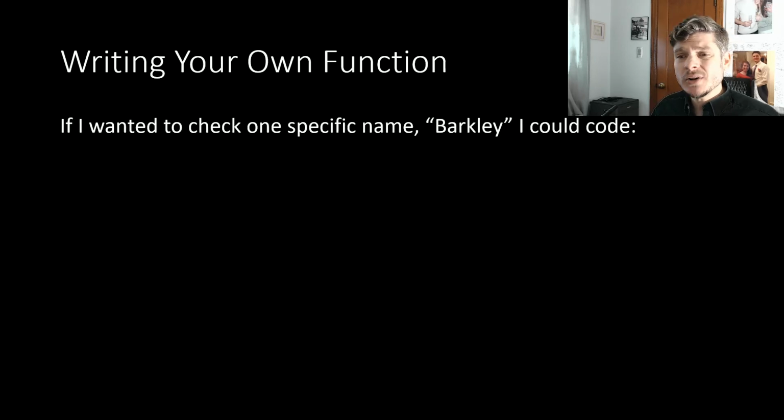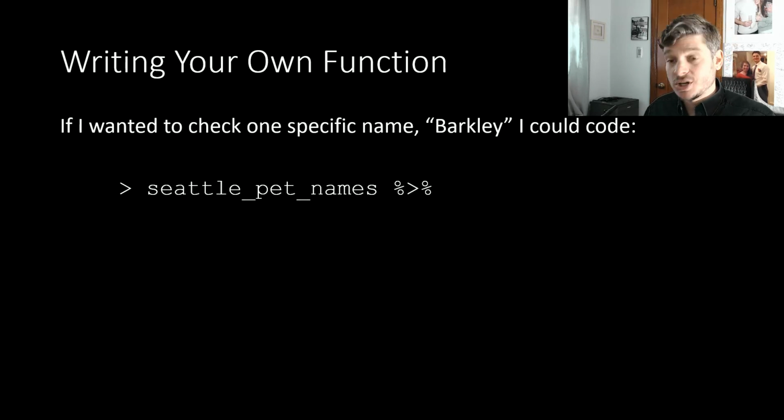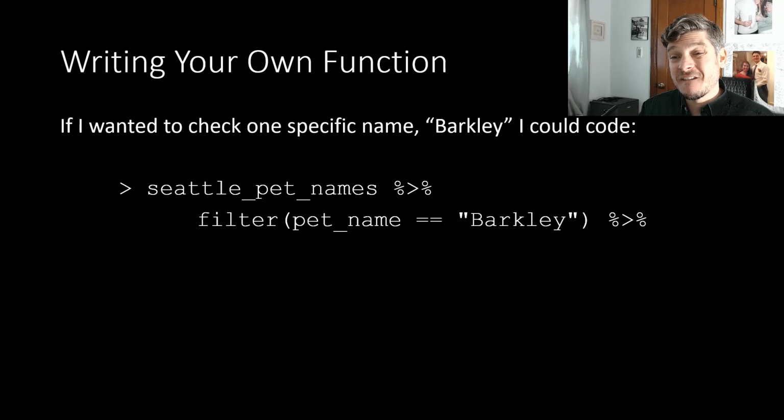Well, we know how to write that code. So let's say I want to check one specific name. I want to see how many people named their pet Barkley. Well, we start with my data frame, Seattle pet names. I want to pipe that into, and again, I only want the observations where the pet name is Barkley. So that's my filter function. So I'm going to filter the pet name equals Barkley. And again, I need to use the double equals because we're checking a condition.